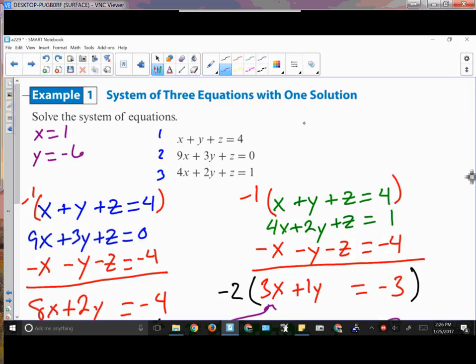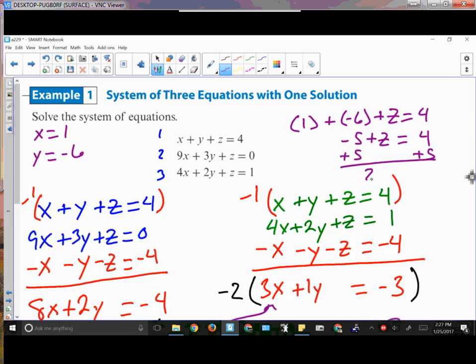So that means that it is going to be 1 plus -6 plus z is equal to 4. Combine these together, I end up with -5 plus z is equal to 4. Add 5, add 5, and I get z is equal to 9.